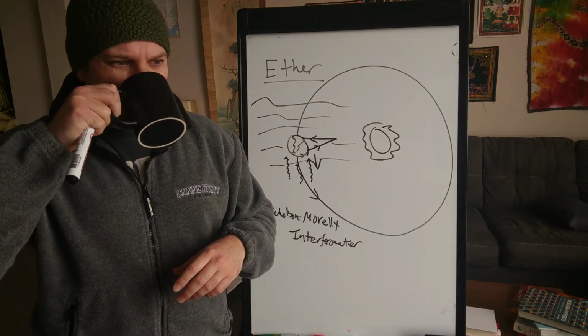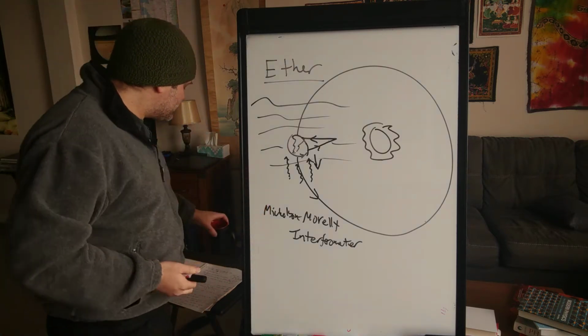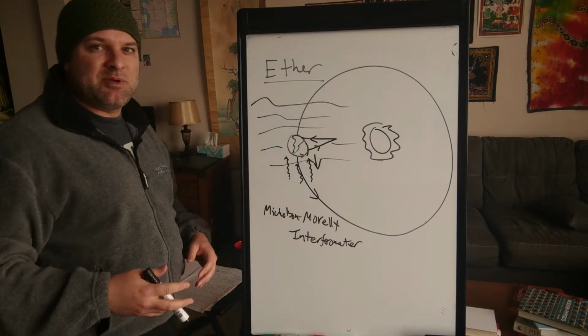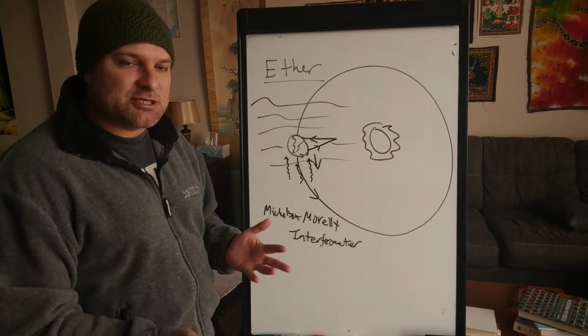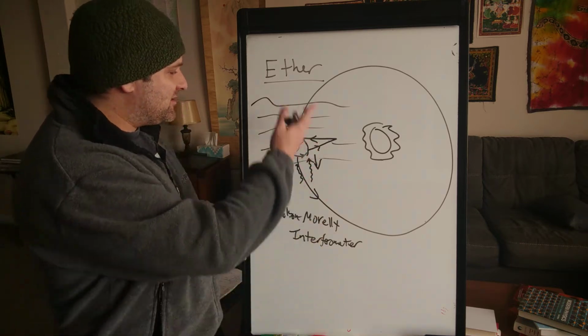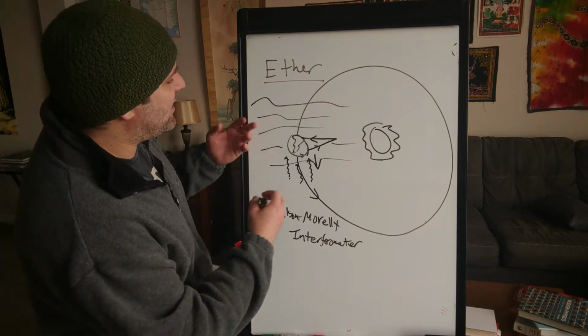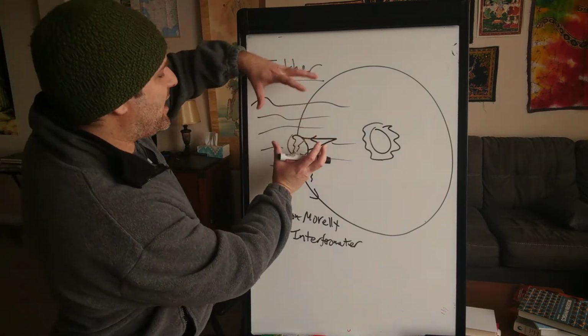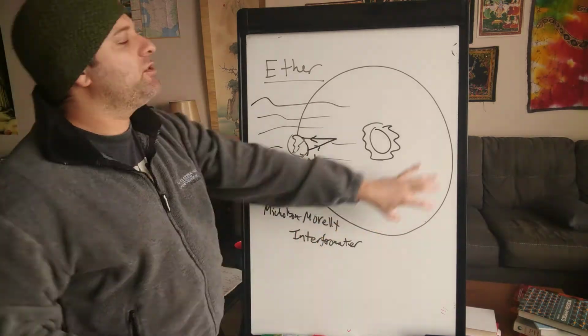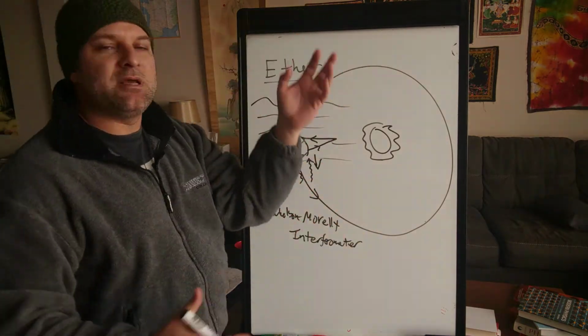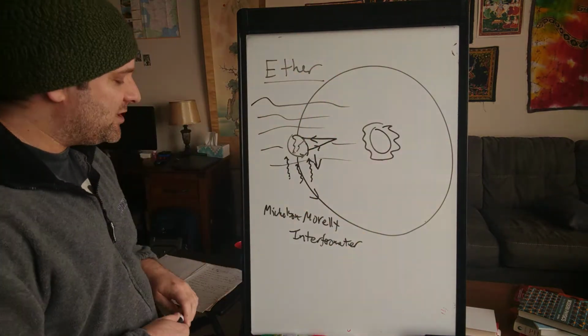So this remained a mystery for a while, and people came up with all these possible explanations for why this variation was never seen in any of these experiments. People thought, well, perhaps the Earth drags a glob of ether around with it. Maybe ether sticks to the Earth, and they came up with all these other theories.